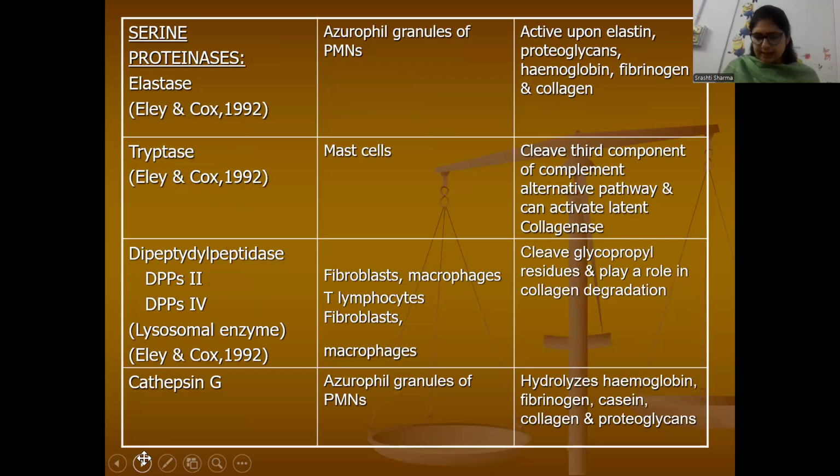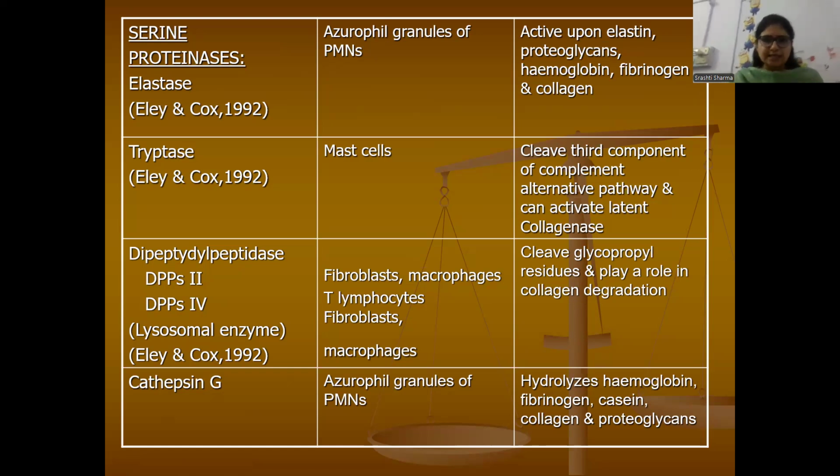Then come the serine proteinases, that is elastase: source, eosinophilic granules of PMN; it acts upon elastin, proteoglycan, hemoglobin, fibrinogen, and collagen. Tryptase: source, mast cells; action, cleaves the third component of complement alternate pathway and can activate latent collagenase. Then come dipeptidyl peptidase 1, 2, and 4.